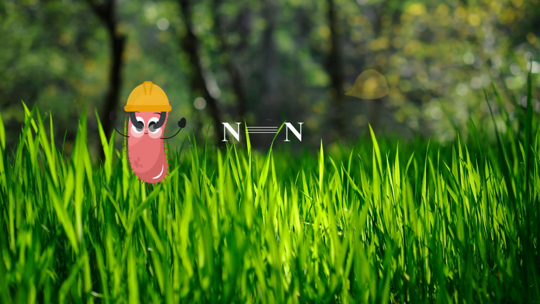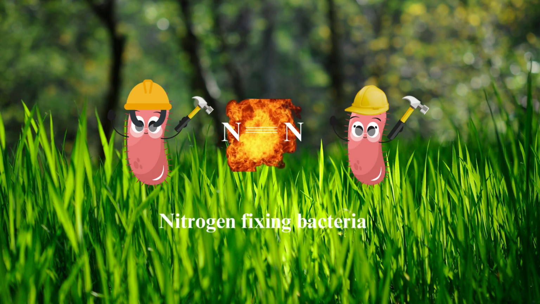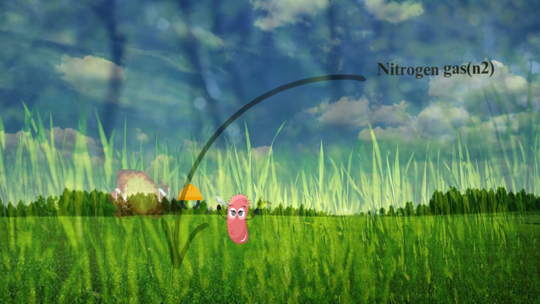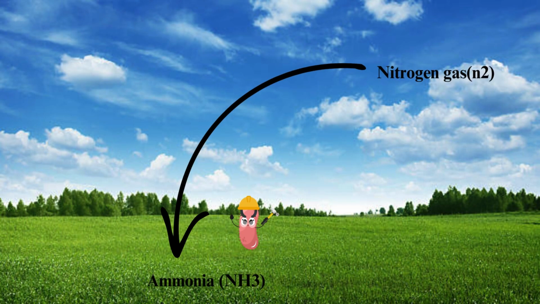These nitrogen fixing bacteria break nitrogen gas apart and add hydrogen atoms to it to form ammonia, NH3, or ammonium, NH4+. This process moves nitrogen from air to soil, and it's called nitrogen fixation because the nitrogen in the air is getting fixed, so that living things can use it.